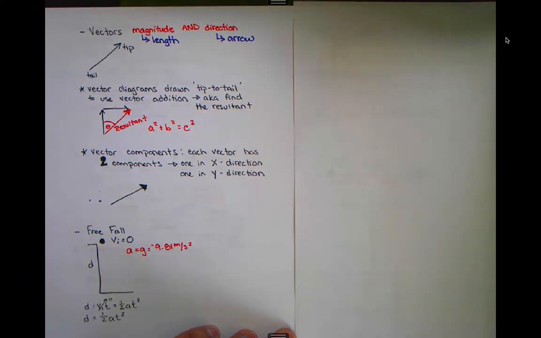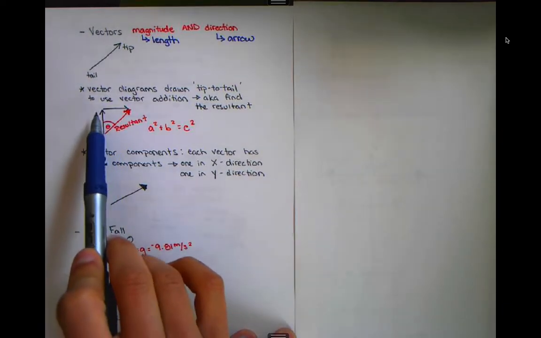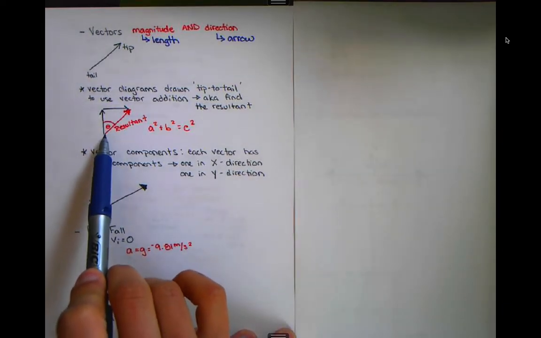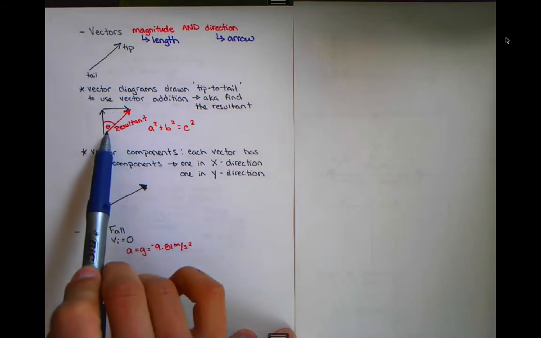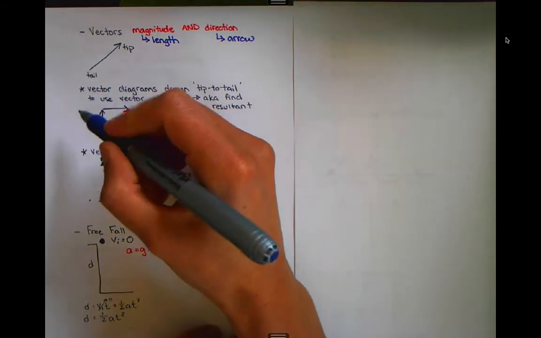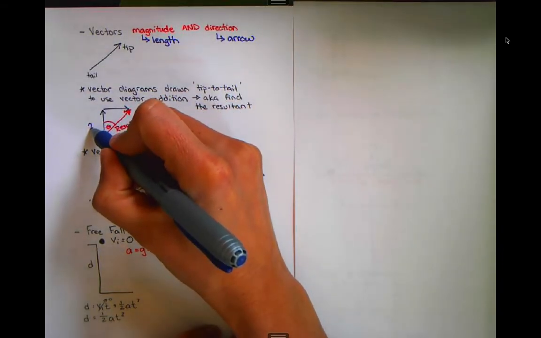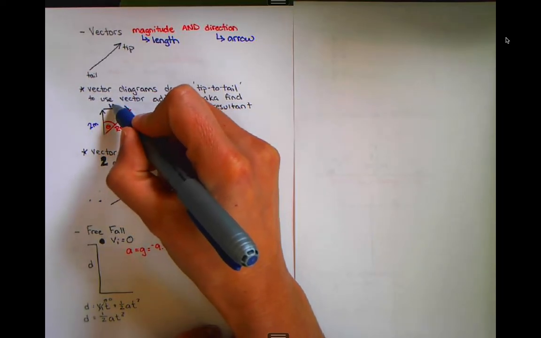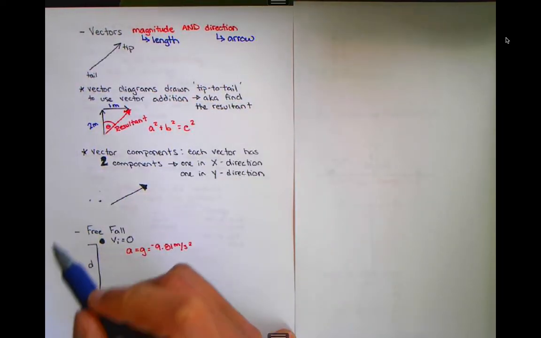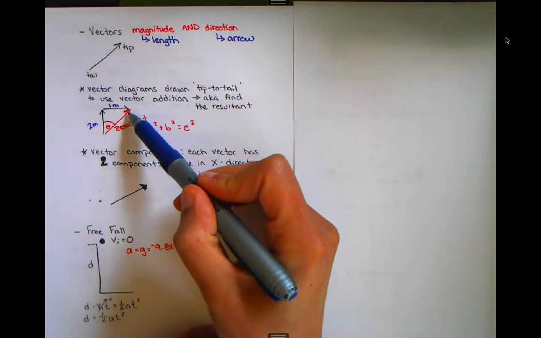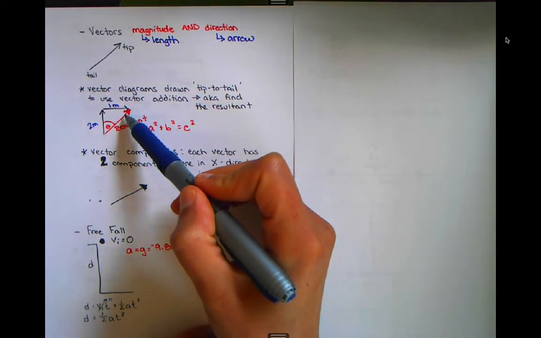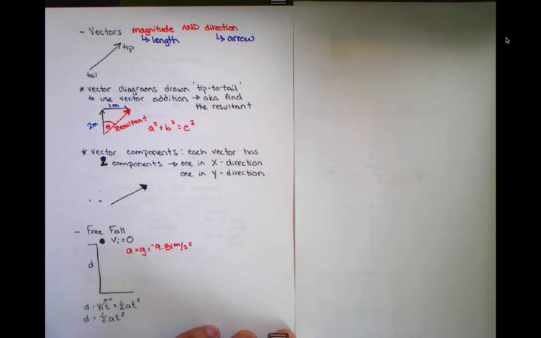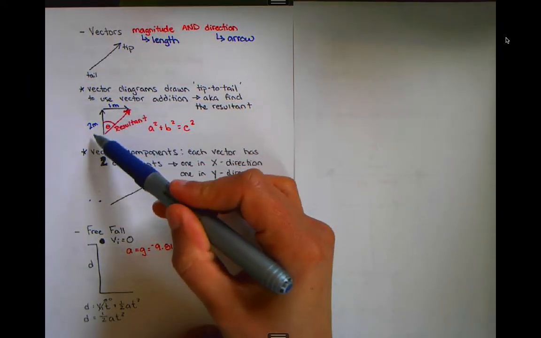To solve vector problems using vector addition, this is where our vector diagrams come in. So you want to make sure you draw everything tip to tail. So if we take a journey and we walk, let's say, 2 meters north and 1 meter east, I could find the resultant between those two vectors, right, which would give me this red vector value.